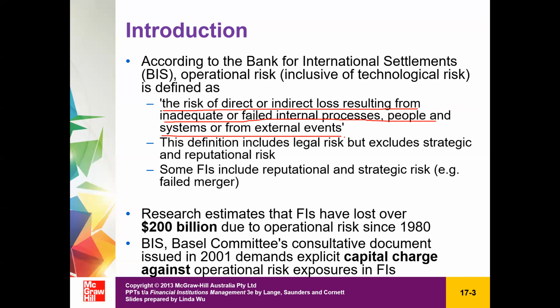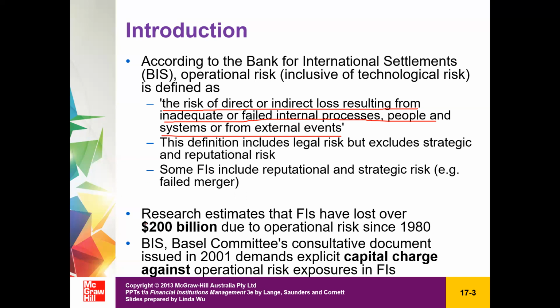That's why in the last 2-3 decades, financial institutions have invested a huge amount of money in improving their operational standards so that they can reduce operational risks. And financial institutions have also lost a huge amount of money arising from operational risks.